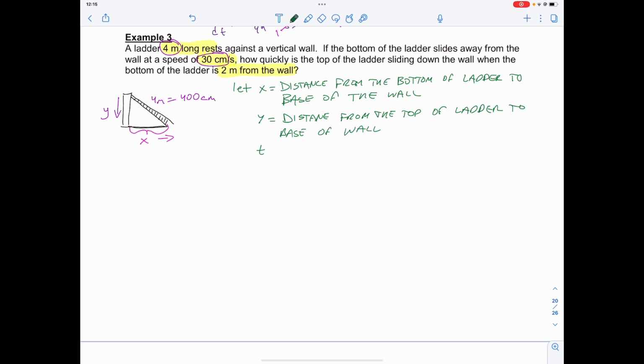And as per usual, t is going to represent our time. And in this case, it's time in seconds.